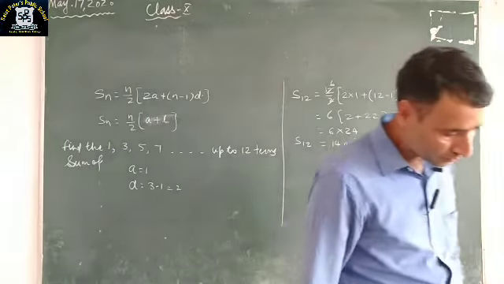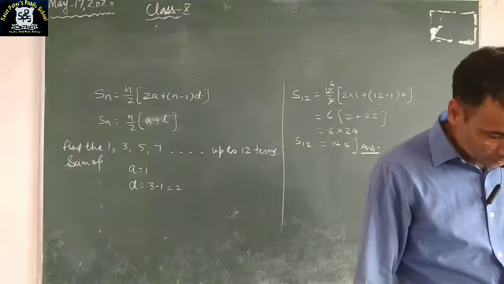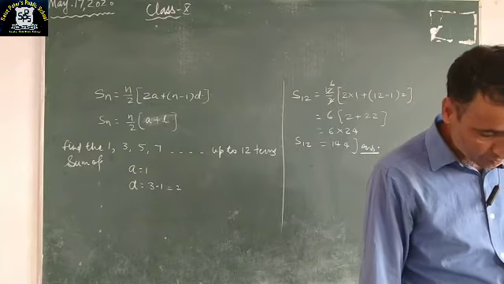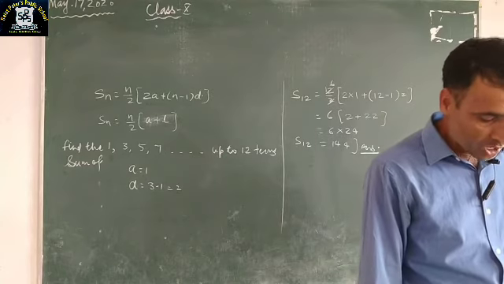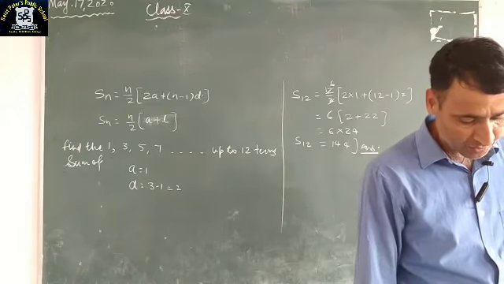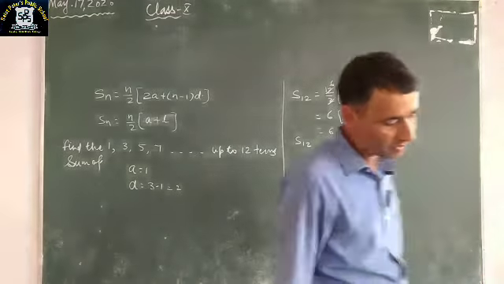Now come to the next question, third question, first part. How many terms of an AP 9, 17, 25 must be taken so that their sum is 636?